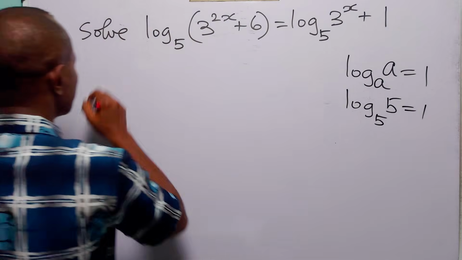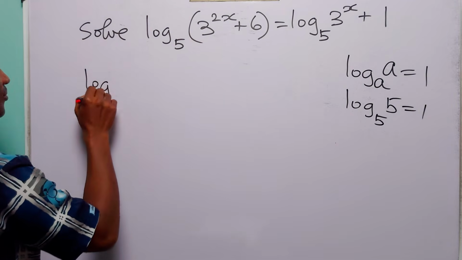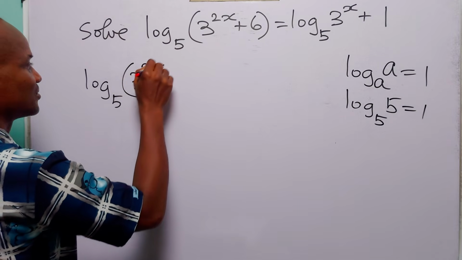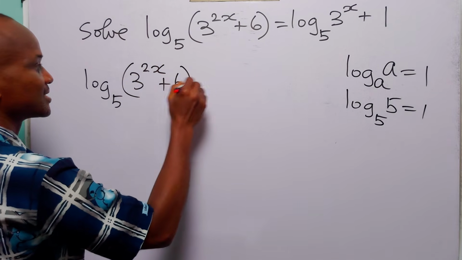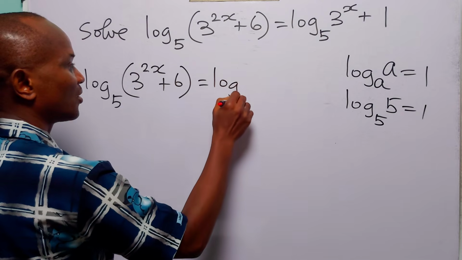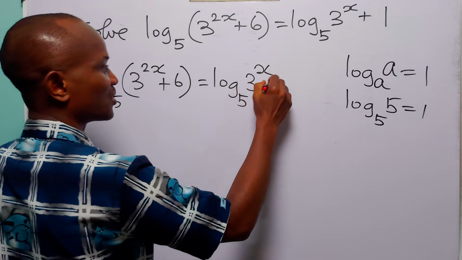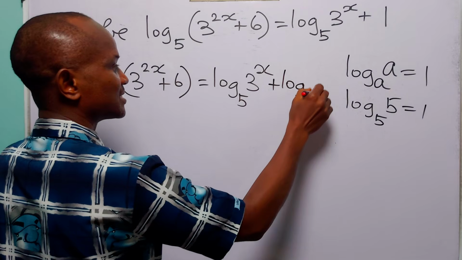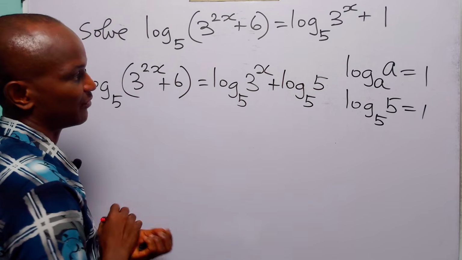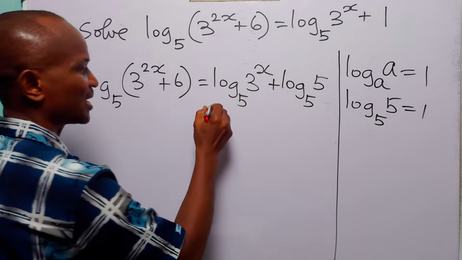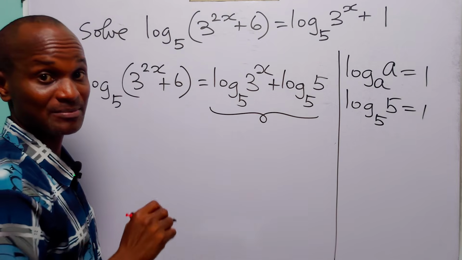Now, we can write this equation as log to base 5 of 3 to the power 2x plus 6 is equal to log to base 5 of 3 to the power x plus log to base 5 of 5. And of course, you know that we can combine these two terms.